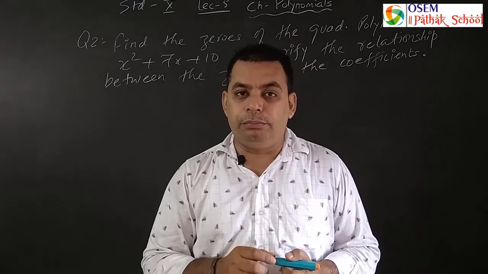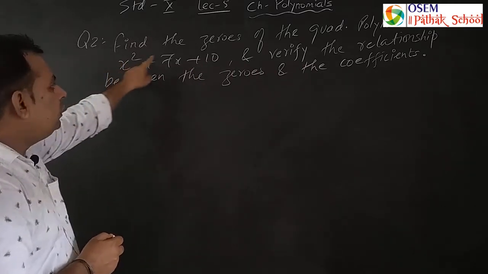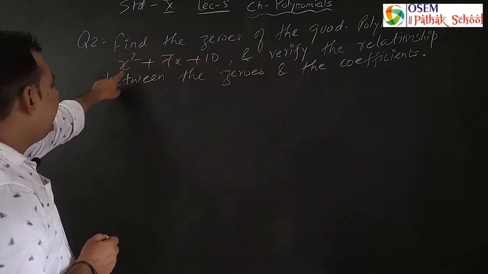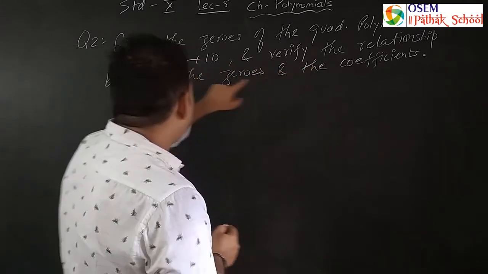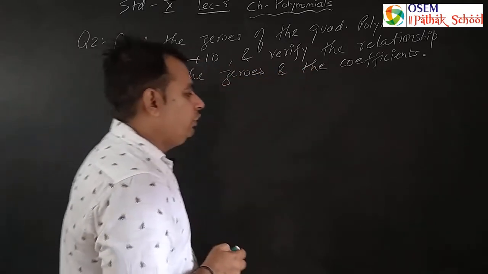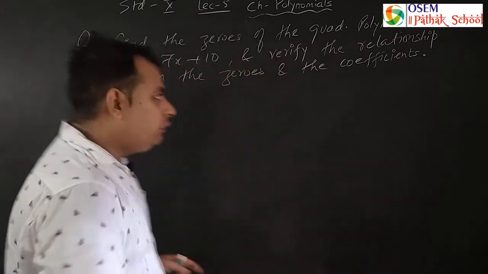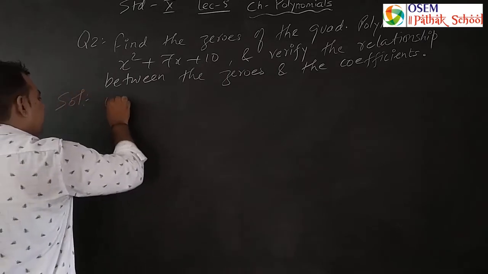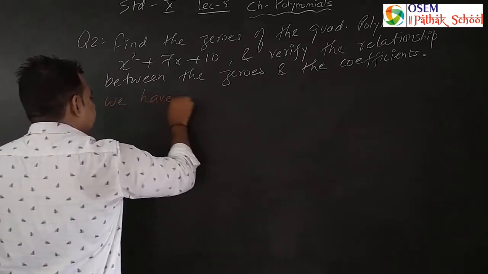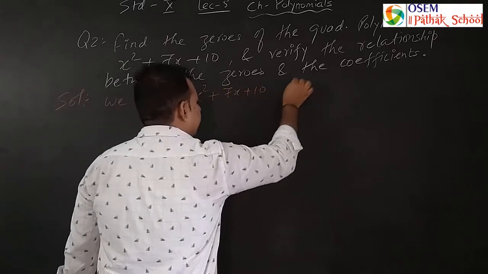So I am showing you an example over here. It is example number 2 of chapter number 2. Find the zeros of the polynomial x square plus 7x plus 10 and verify the relationship of the zeros and its coefficients. I am solving it in front of you so that you can get it clear. Now the solution: we have x square plus 7x plus 10.